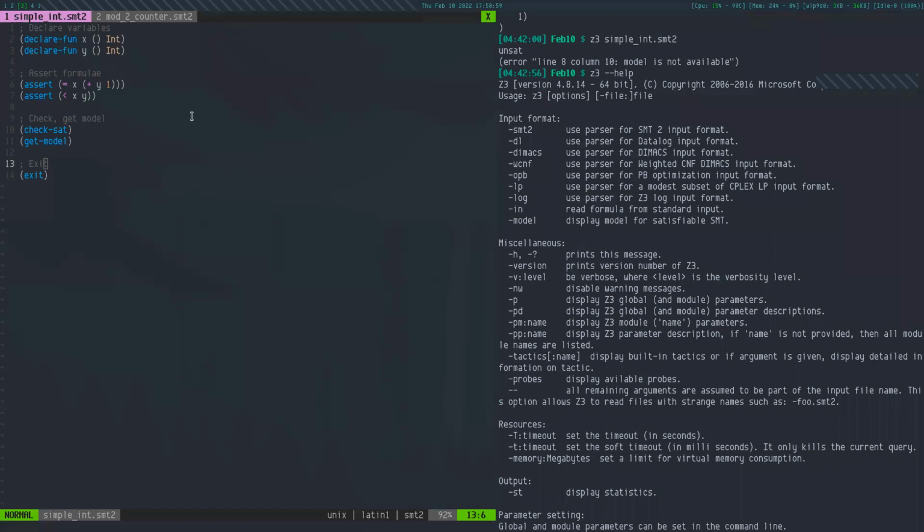There are various other output options that we're not going to go into, things like printing out the proofs and such things. But in general, you can use it to solve some systems of very complicated equations, or check whether they're satisfiable or not, right? So this is the idea.